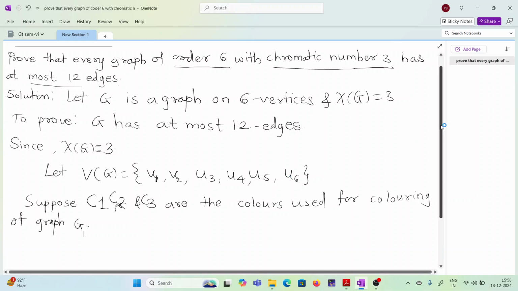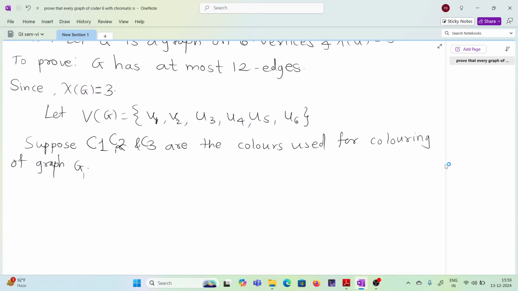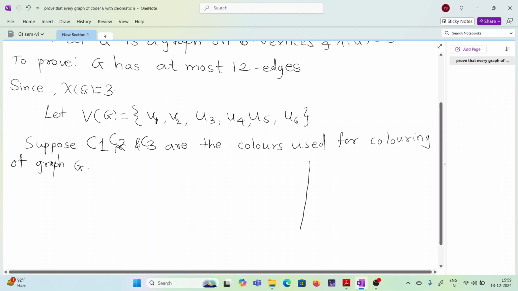So if we partition the vertex set of G by using the coloring, what type of partition will we get? Suppose we have this graph.